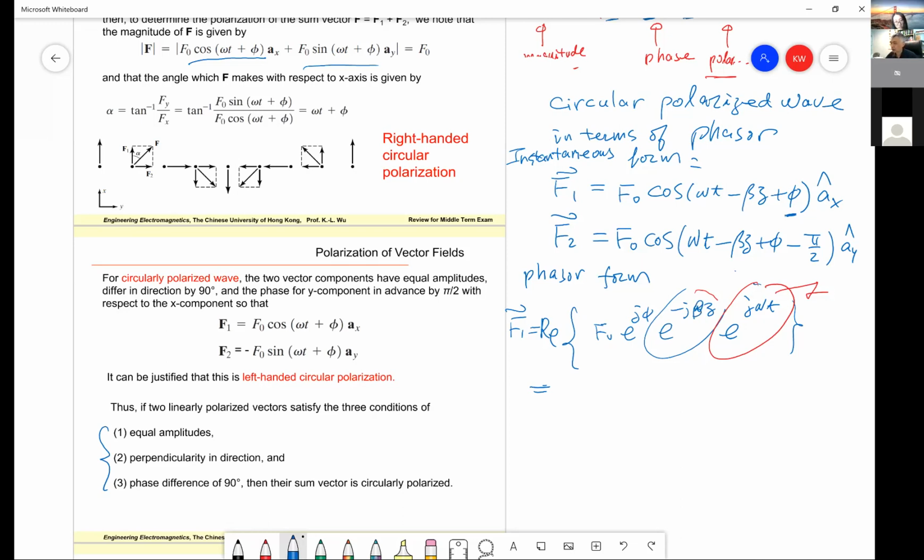This is beta z. Then what that is, I can write F1, this is a phasor.